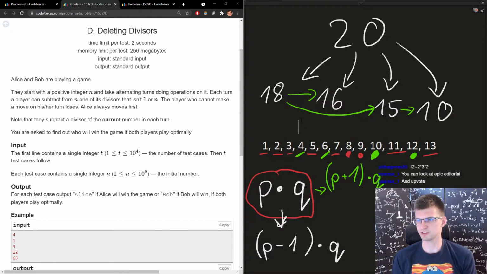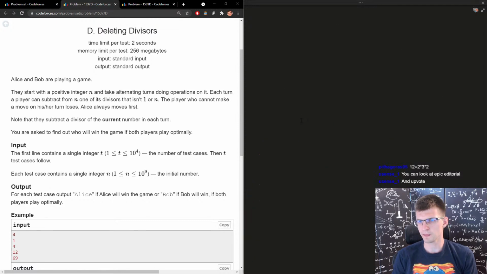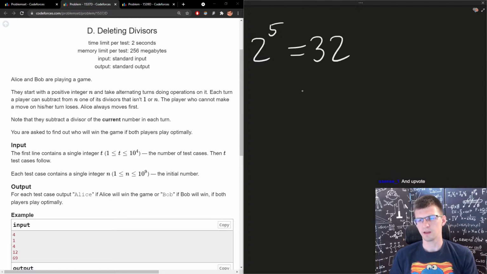Still, maybe the solution just depends on parity or something like that. Can I say what's the answer for 2 at some power? 2 to the 5th power. Maybe smaller would be 4th power. Let's say this is 32. I can subtract 2 or a bigger power of 2.